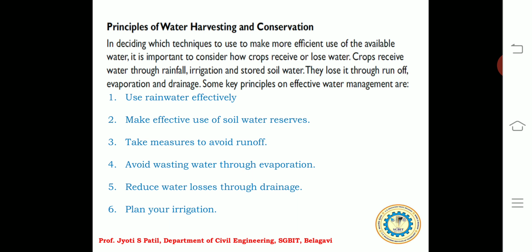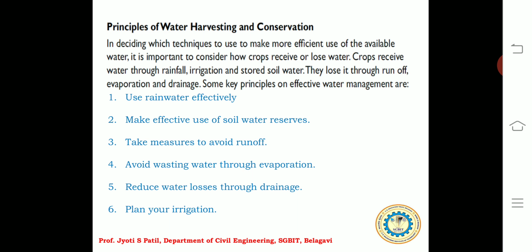The fifth principle says reduce water losses through drainage. When water drains out of the soil, not only is it wasted, but essential mobile nutrients such as nitrogen are also washed out. This is more of a problem on light sandy soils. Adding organic matter in the form of compost, manures or plant residues will eventually increase the amount of water a soil can retain, but this will only have an effect if it is added over a longer period of years.